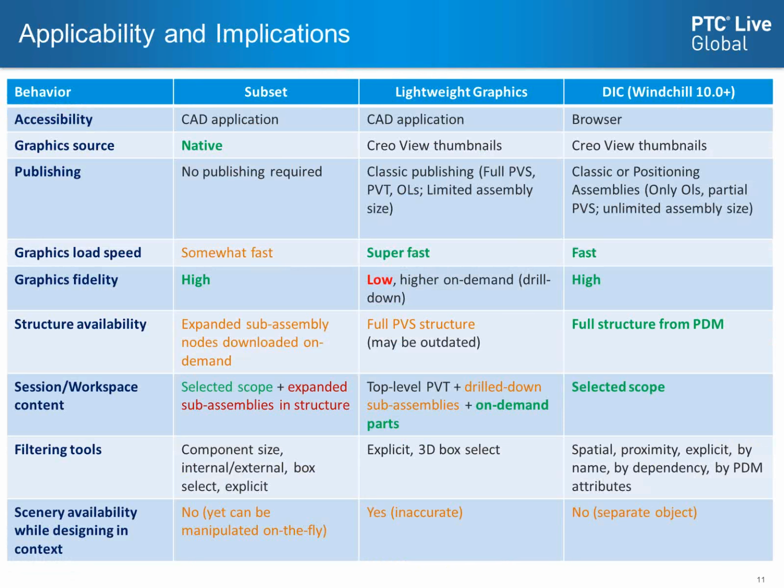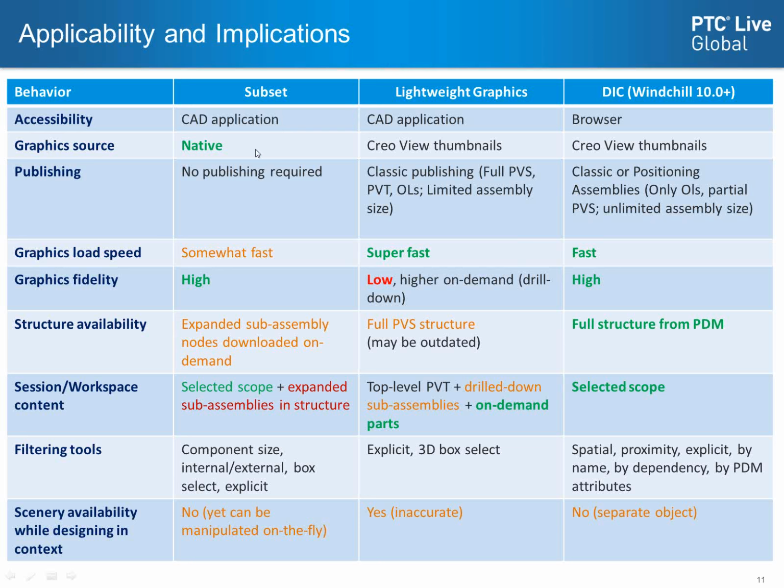There are other caveats that you need to be aware of for each and every method. So first of all is the accessibility. Design context is the only one that is accessible from a browser, either from the embedded browser in Creo or outside. The other two are available only inside the CAD application.